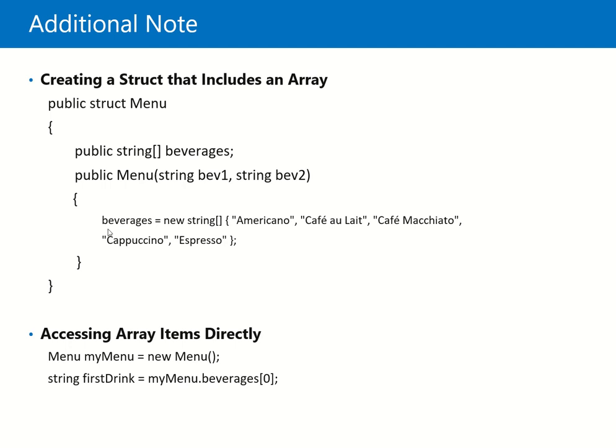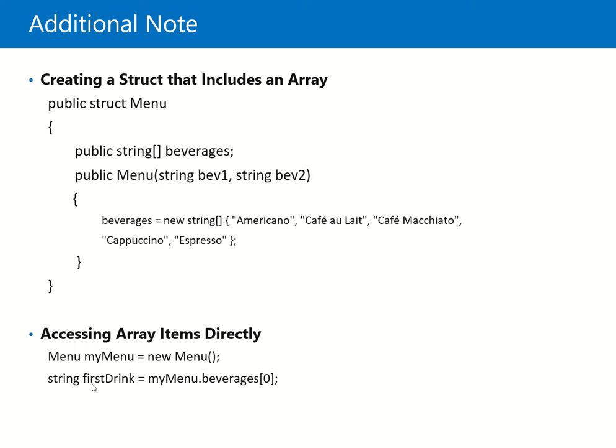Anyway, the beverages here: beverages 0, beverages 1, beverages 2, beverages 3, and beverages 4. You take beverages 0 from my menu. So my menu dot beverages 0, which is Americano. You create a new variable, let's call it first string, equal to the first value in the beverages array, which is Americano.